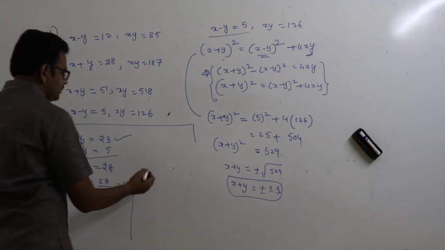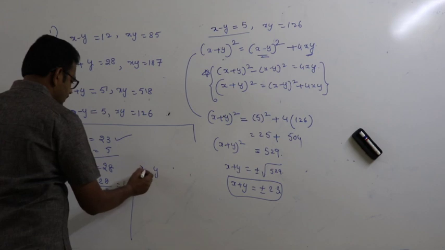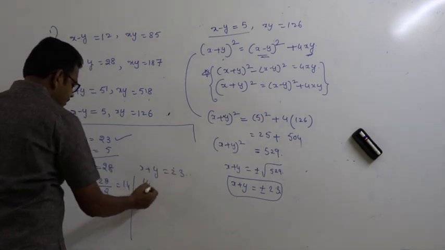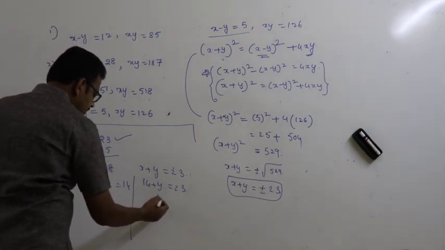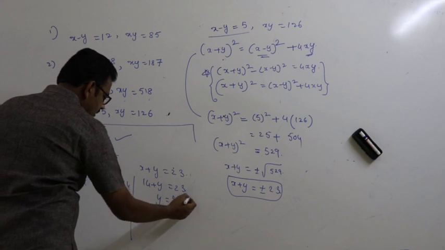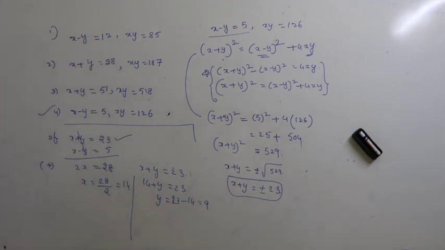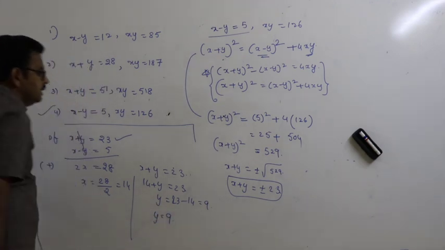And y: x plus y is equal to 23, x value 14 plus y is equal to 23, y is equal to 23 minus 14, that value is 9. Therefore, y value is 9.